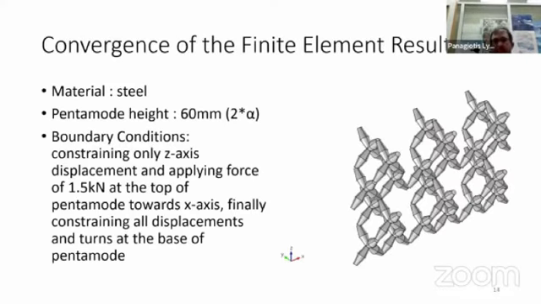And now we are going to see the convergence of the algorithm. We have used this type of Pentamode, which has 60 millimeters. We have fully constrained the bottom nodes. We have constrained the z-axis displacement at the top nodes, and we have applied a force of 1.5 kilonewtons toward the x-axis at the top nodes.